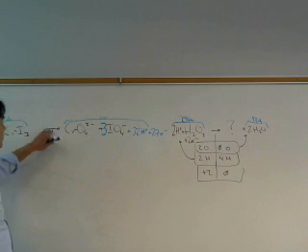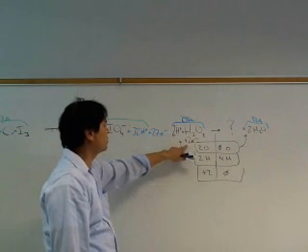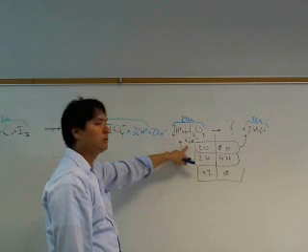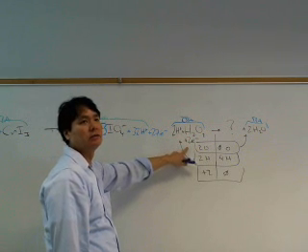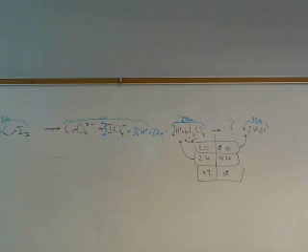So here we have 27 electrons. Here we have 2 electrons. So what should I do to balance out the electrons? I'm going to multiply by 2.